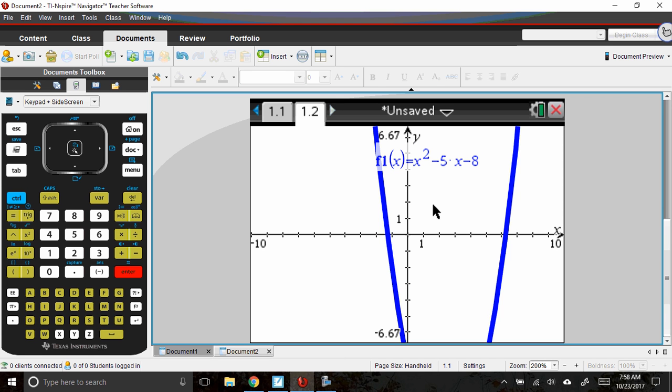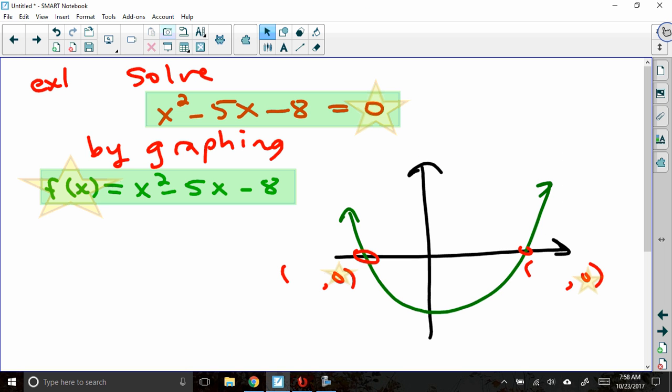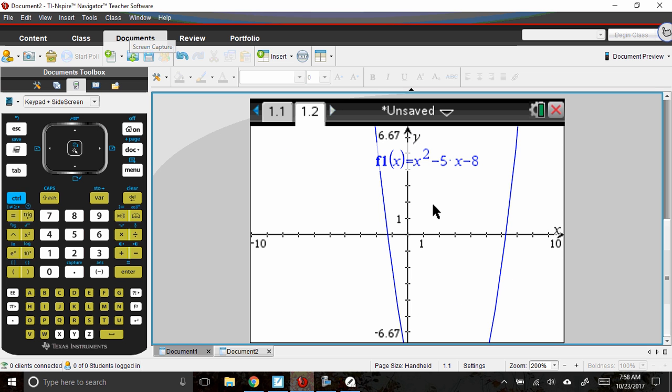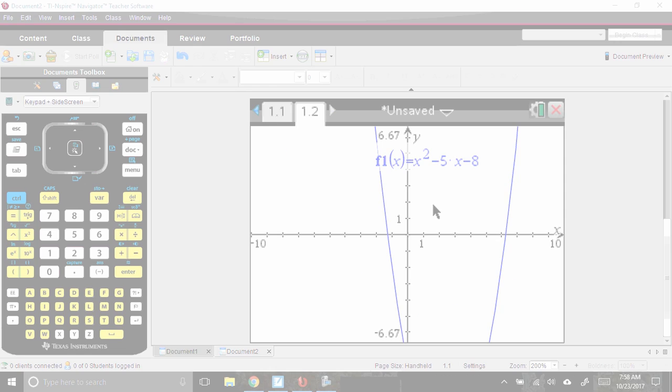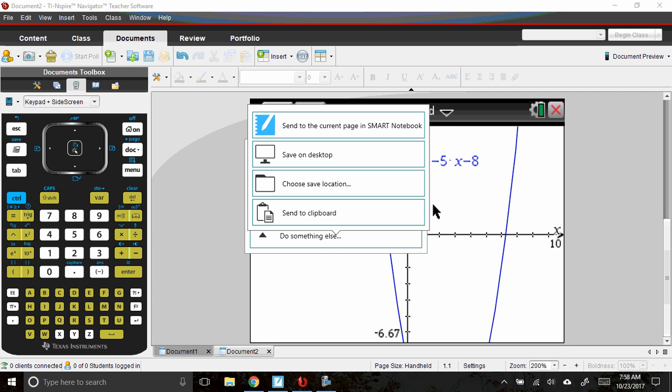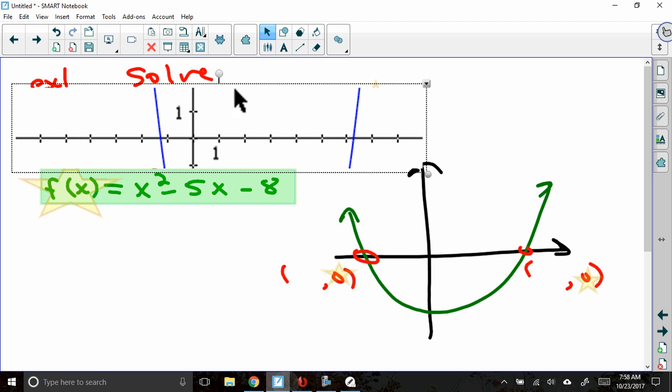Looking at that, it looks like the graph's going to go through the x-axis twice, which means we're going to have two answers. Let's take a snapshot of that and send it right to the current page here.